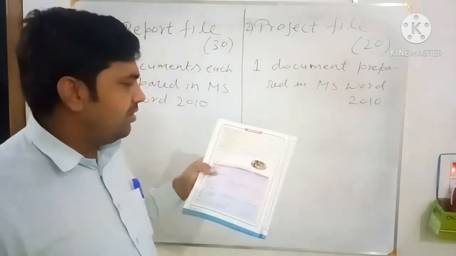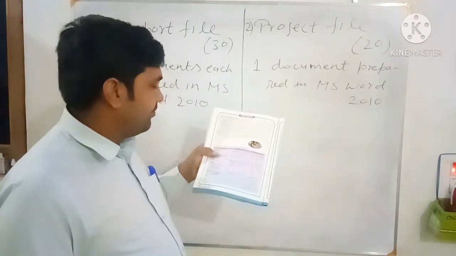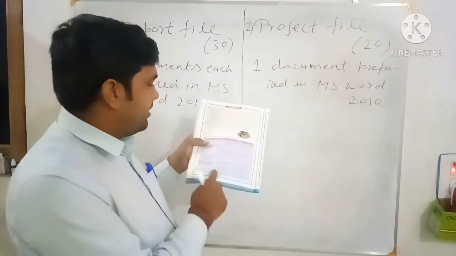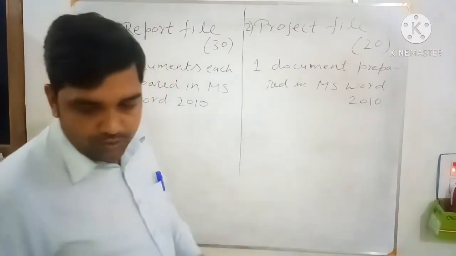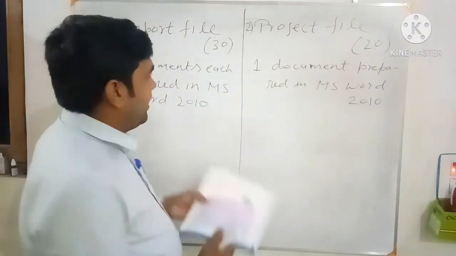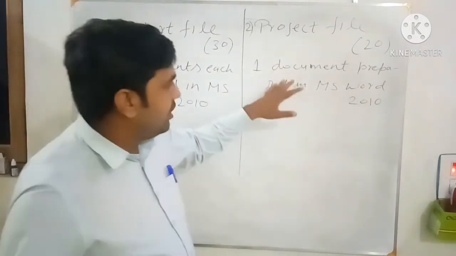Any topic you can select, and on that topic you can give the information. So here it is created. Similarly, out of the 4 projects given in the book, you have to prepare them in Word. In the project file, out of the 4, you have to prepare 1.